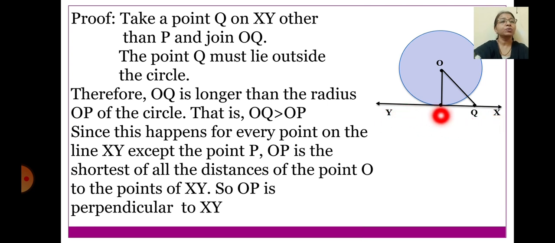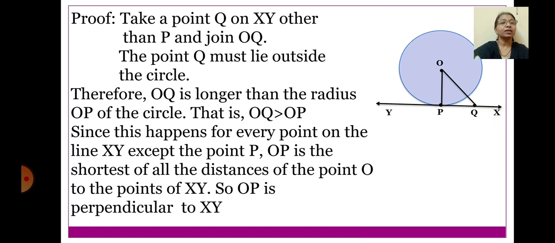Every time you will find that this OP is the shortest length, because every time the point will lie outside the circle. So OP is the shortest of all the distances from the point O to the points of XY. Therefore OP is perpendicular to XY.